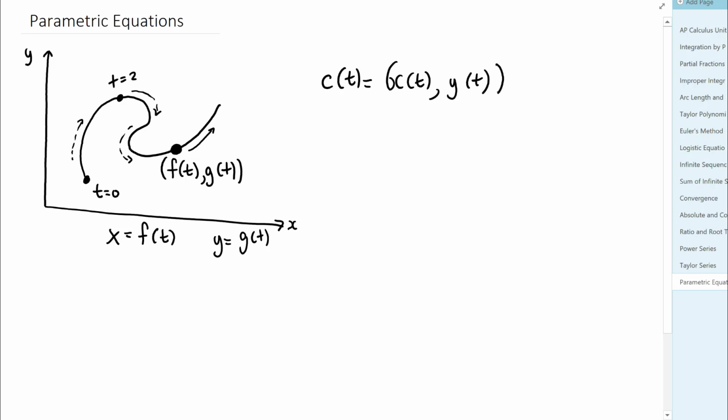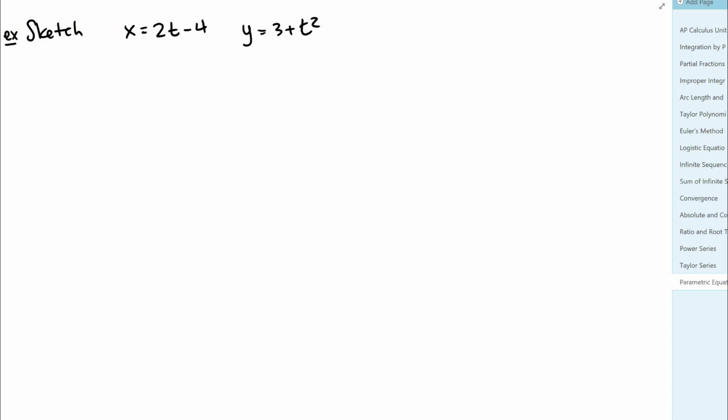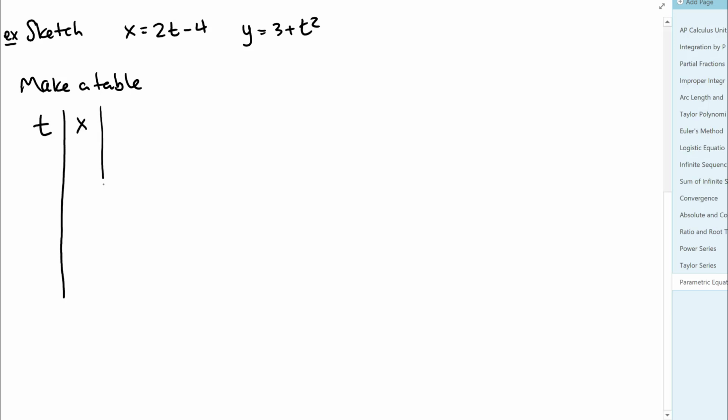So let's take a look at an actual example of this. In this example, we're going to try and sketch x is equal to 2t minus 4, and the y is governed by 3 minus t squared. And the easiest thing to do is to make a table of values. Our table has a time column and a location for x and a location for y.